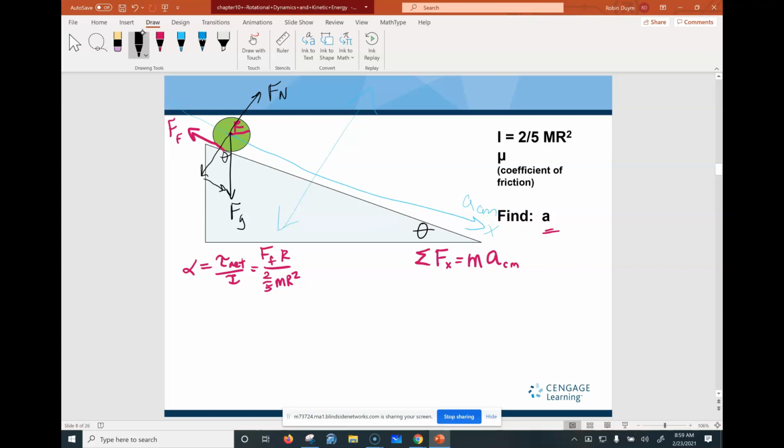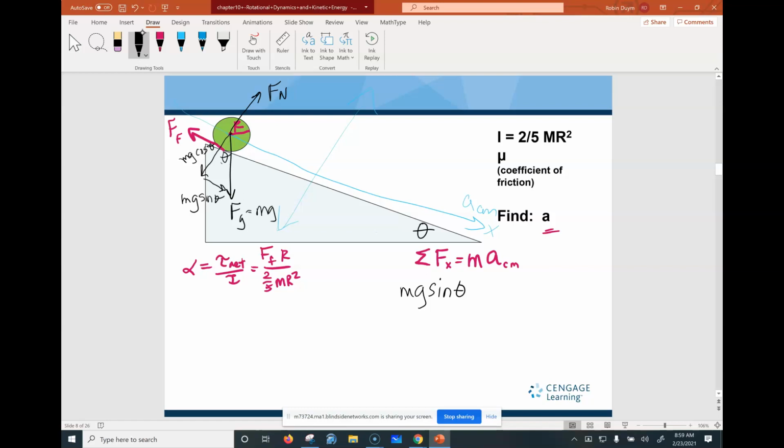And remember, if this angle is theta, that this angle is theta. So we've got the x component is mg sine theta, and the y component mg cosine theta. Awesome review. All right, so we know in the x direction, mg sine theta is pulling it down the ramp.